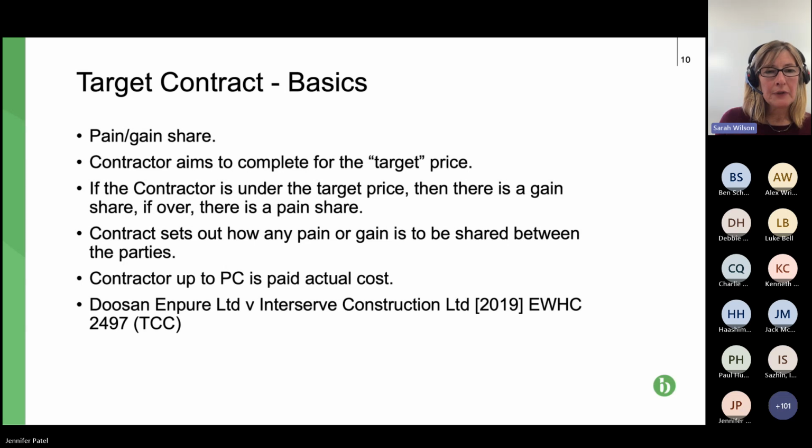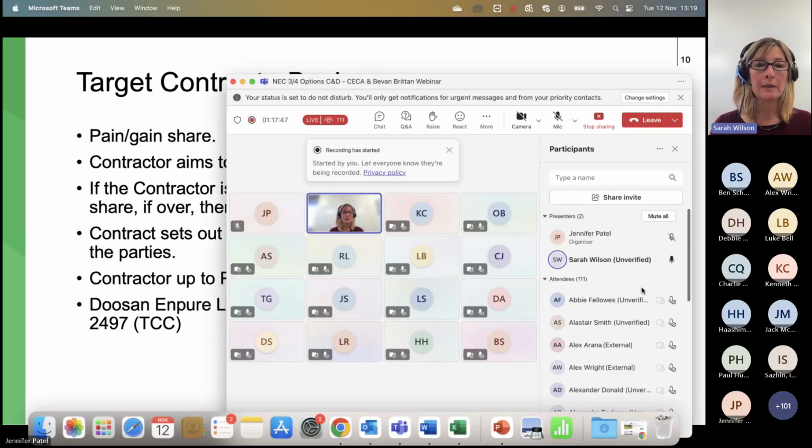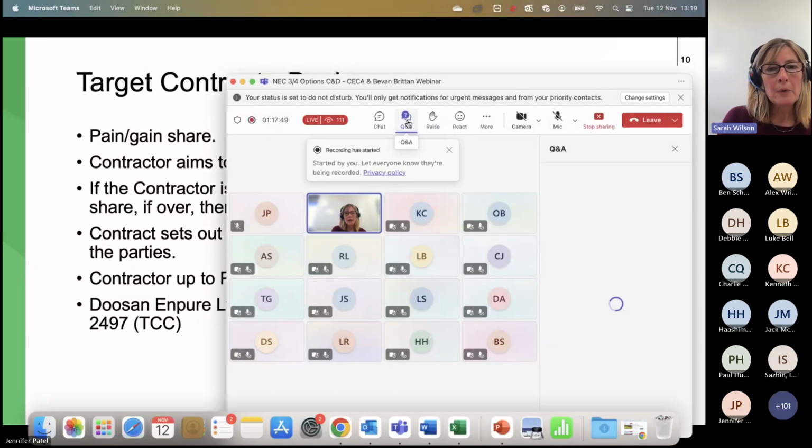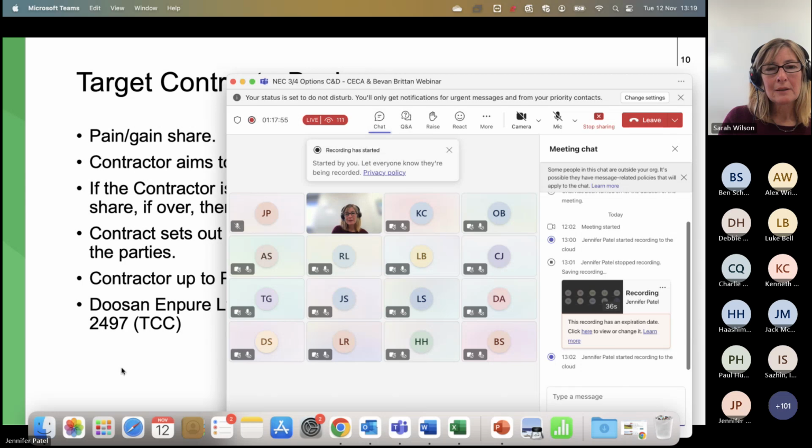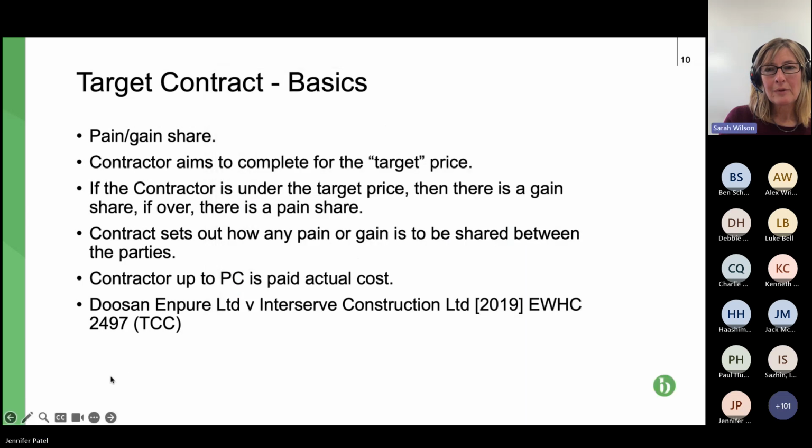Okay, so I've covered some of this already. So we've talked about setting the target price, how it's adjusted as you go along. So at what point is the pain gain payment determined? Well, the contract requires it.